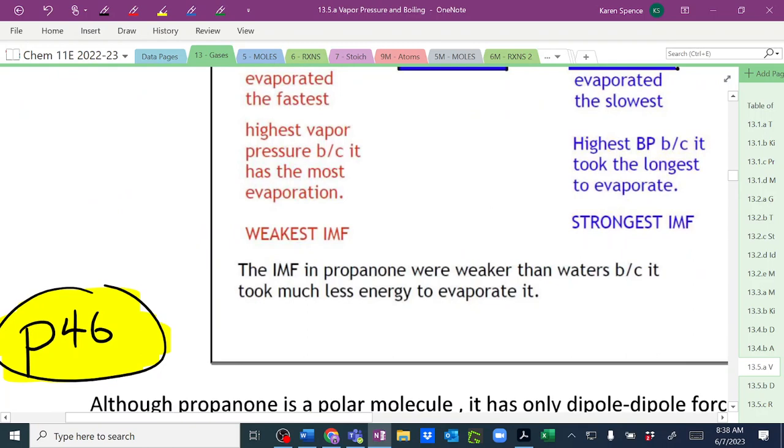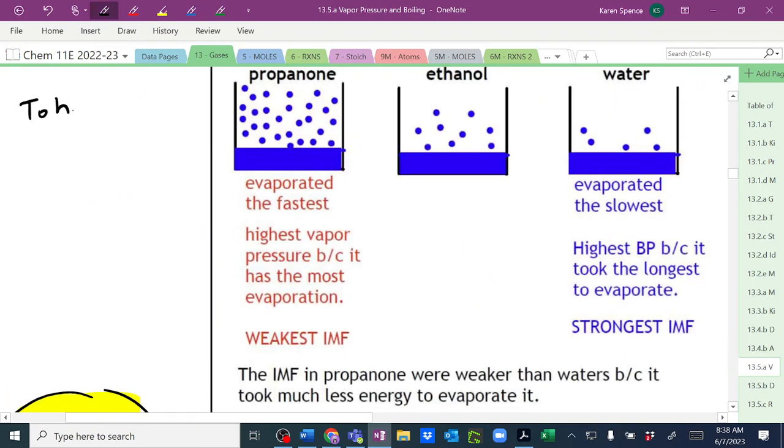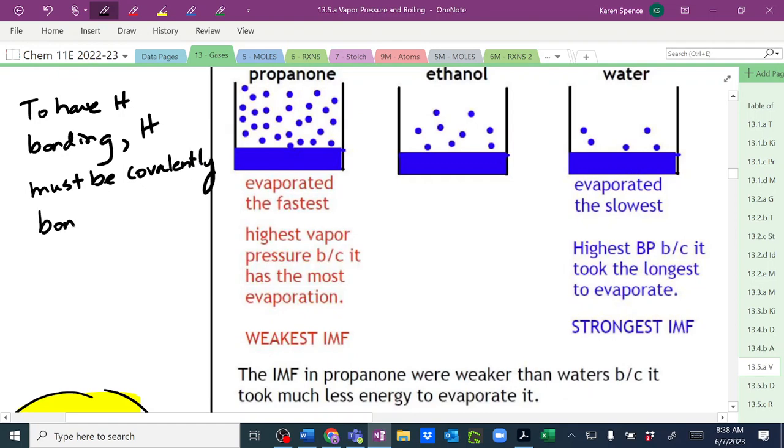To have hydrogen bonding, H must be covalently bonded to nitrogen or oxygen or fluorine.